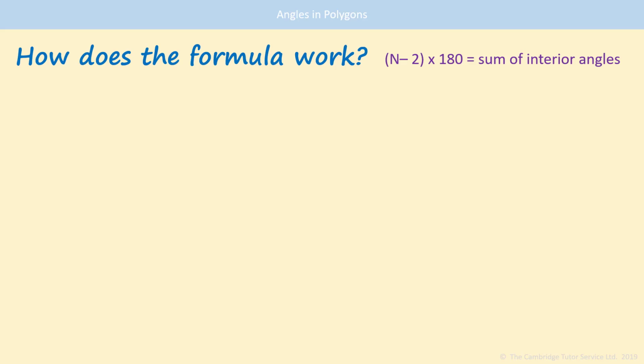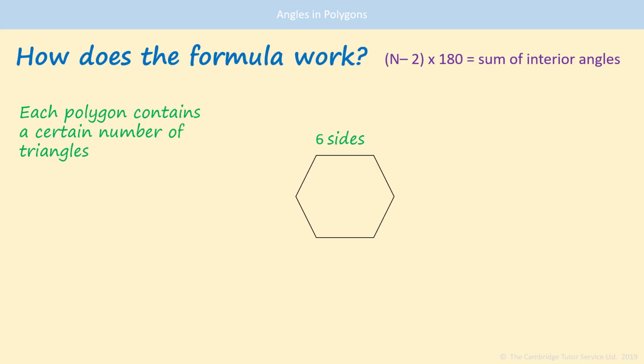Sometimes you're asked to show your knowledge of how the formula works. What you need to know, each polygon contains a certain number of triangles. Looking again at this hexagon, 6 sides, and it has triangles in there. So we separate it into the triangles, and you'll see that there's 1, 2, 3, 4 triangles in that hexagon.